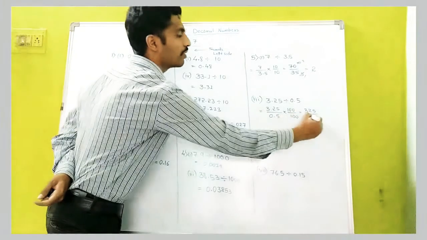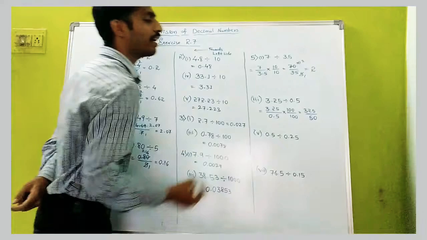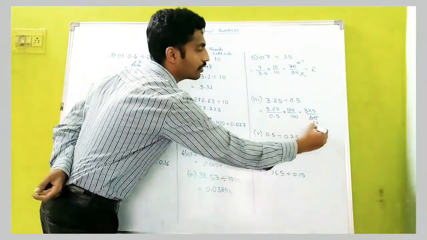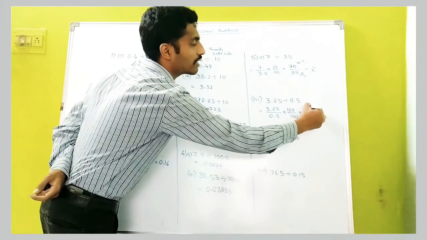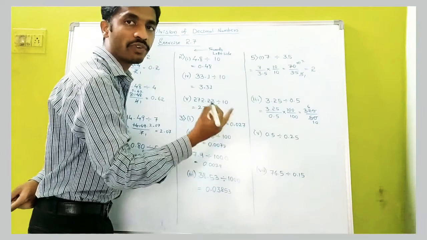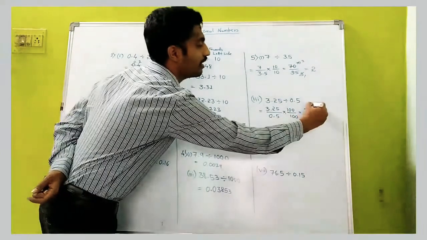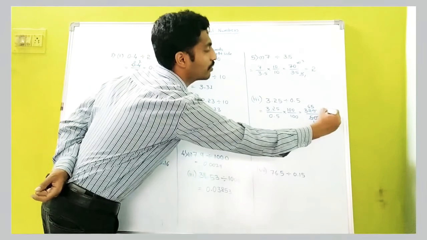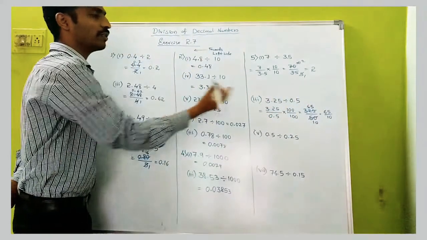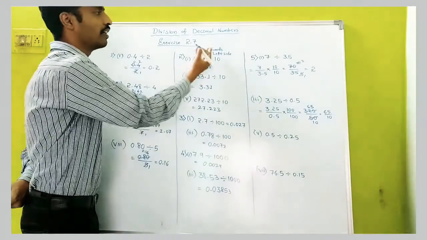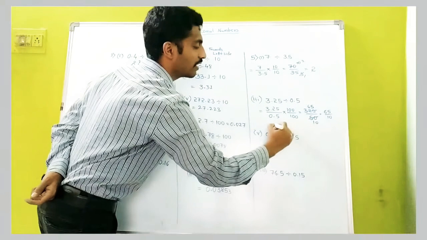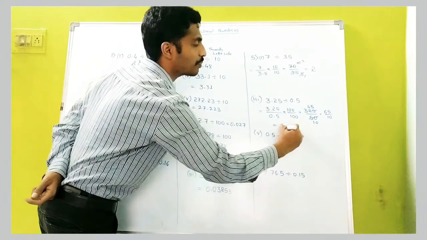Now you divide it. 5 ones are 5, 5 sixes are 30. Remaining 2, it becomes 25. 5 fives are 25. So how much did we get? 65 by 10. It is easy to divide by 10. How did you do it here? Move towards the left side. So now move towards the left side and you will get 6.5.